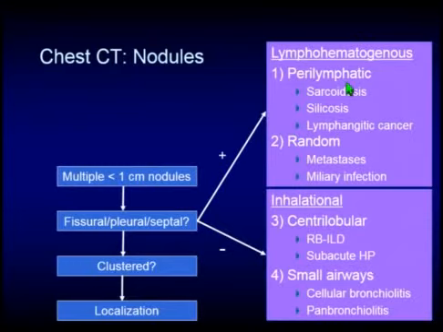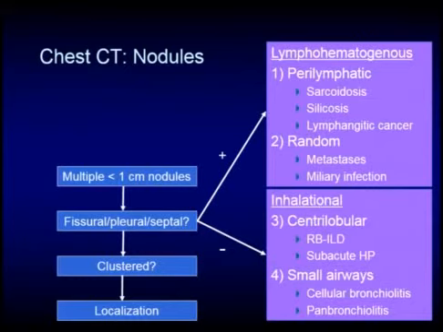This could be isolated to just a perilymphatic process, sarcoidosis, silicosis, lymphangitic carcinomatosis, or it may be a random pattern, meaning that, for instance, mets and miliary infection are seeding those lymphatic structures, but they're also going elsewhere within the lung.